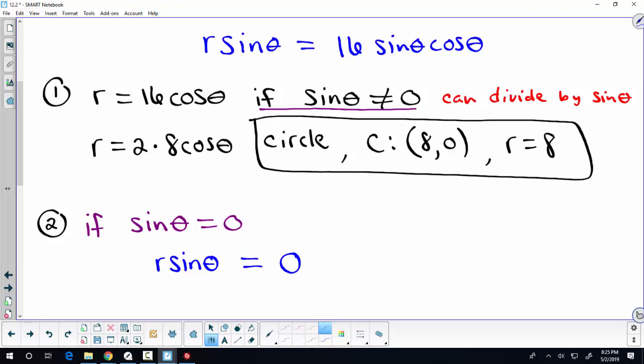If sine is 0, then 16 sine cosine is 0. So r sine theta equals 0. What is that? y equals 0, right? And y equals 0 is the x-axis. So that equation describes a circle centered at (8, 0) with radius 8, and the x-axis.